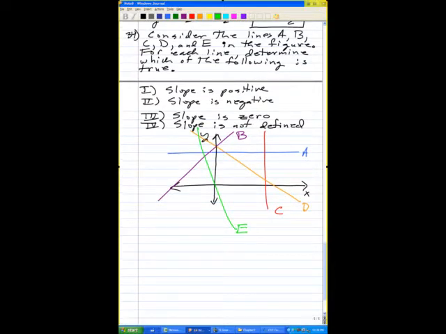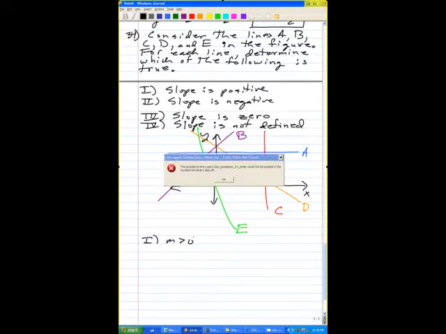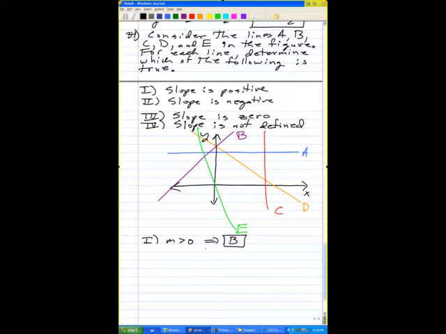Okay. So slope is positive. So first, I want the slope positive. And so the only one that has a slope that's positive is B. 2. Slope is negative.